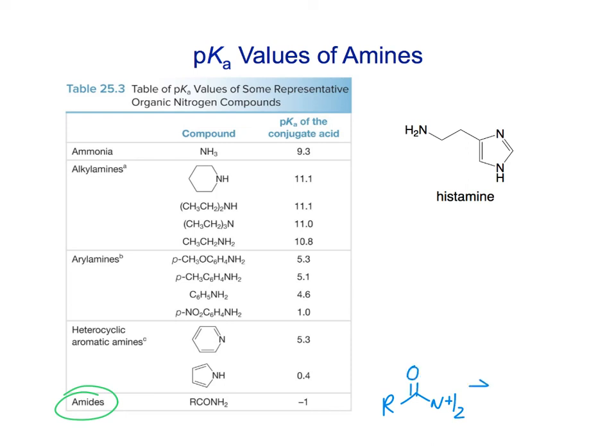So if we protonate an amide, if an amide acts as a base, where does it protonate? On the oxygen, right? So this is what we saw when we saw the carbonyl chemistry. So it protonates on the oxygen, not on the nitrogen like we might expect.